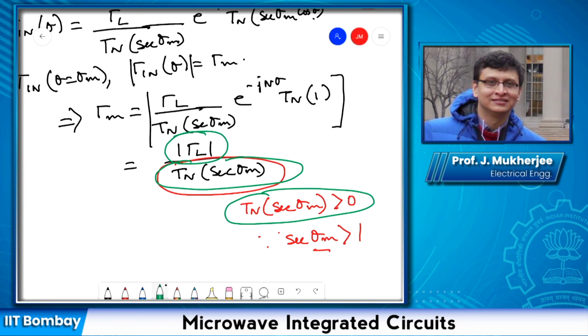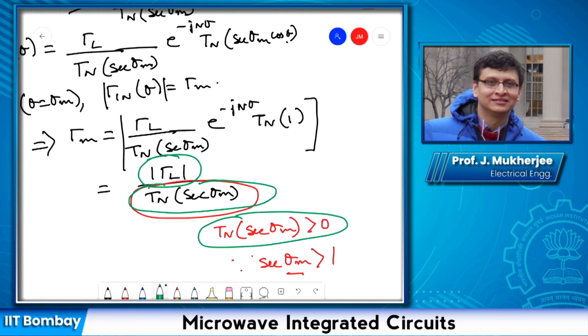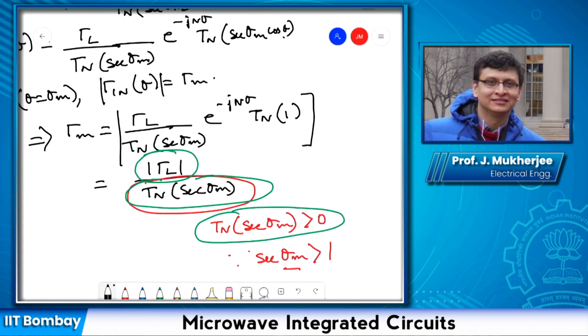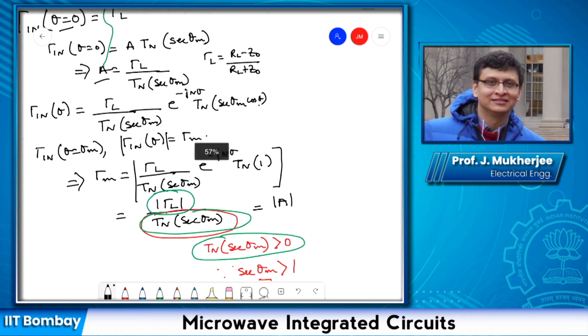Now you can see that this gamma m is nothing but the modulus of A, the expression for A we had derived earlier.